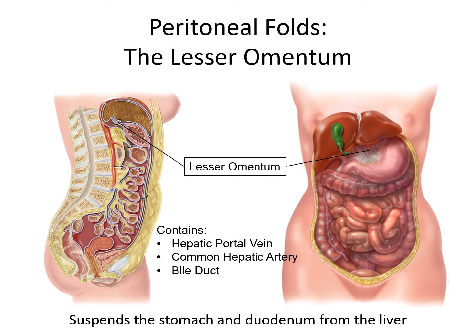It contains the hepatic portal vein, which is the vein that collects nutrient-rich blood from the digestive system and takes it to the liver. It contains the hepatic artery, which is an artery that feeds the liver, and it contains the bile duct coming off of the gallbladder. In the diagram on the right, the green object there is the gallbladder.